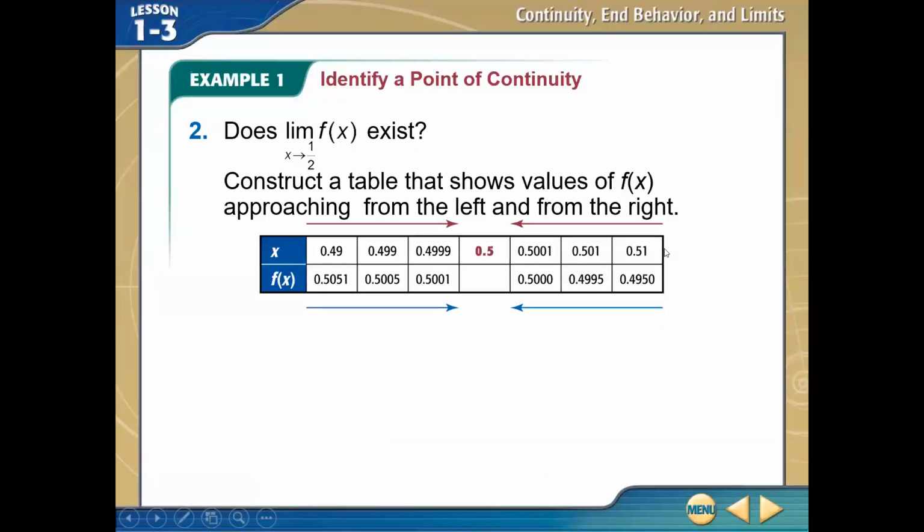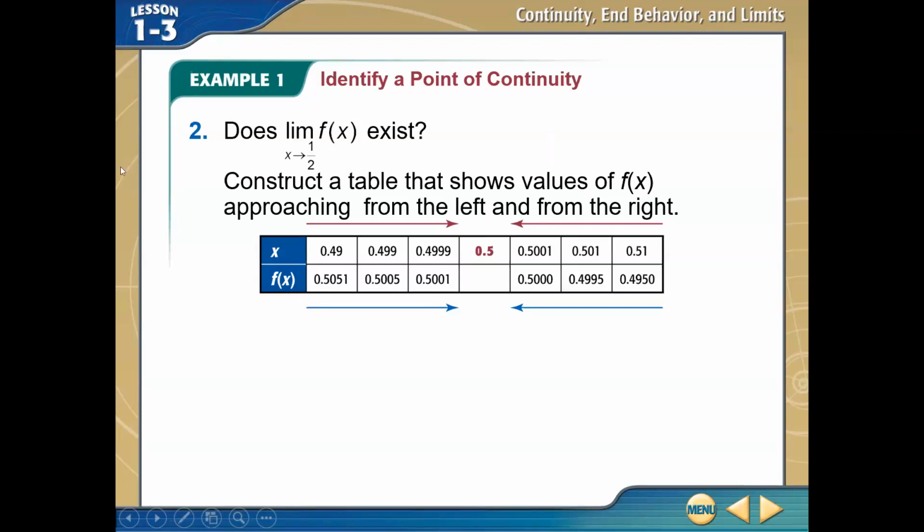As you can see, working from the right in, once again, they start at 0.51. That's 100th away. Then they're 0.501. That's 1,000th away. And then they're 0.5001, which is 10,000th away. So we're getting so close to 0.5, and you can see my y values or my outputs are getting closer and closer to simply 0.5.